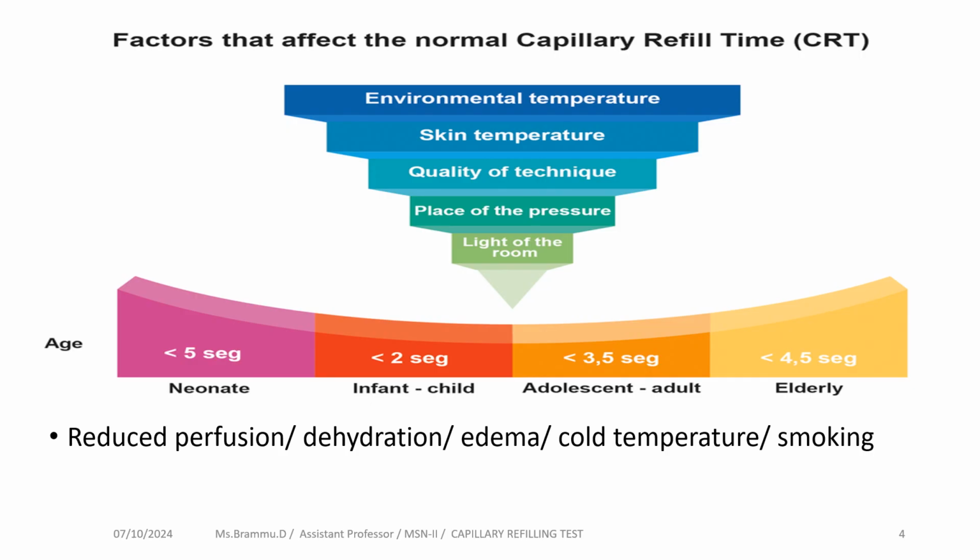And of course, adequate lighting of the room. If the room is very poorly lit, the patient may have a good refilling time but we are not able to analyze it. And if the patient already has perfusion issues, or dehydration, where the volume level in the body is very low, or edema, the patient's skin will appear shiny with a silvery texture.